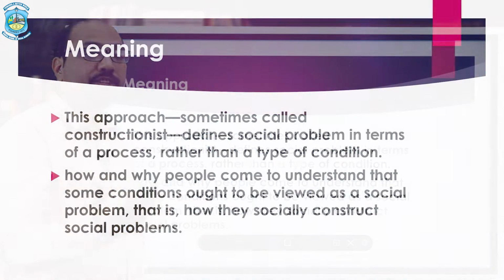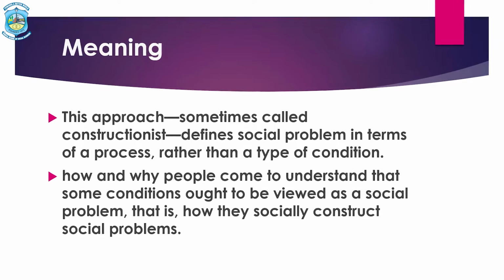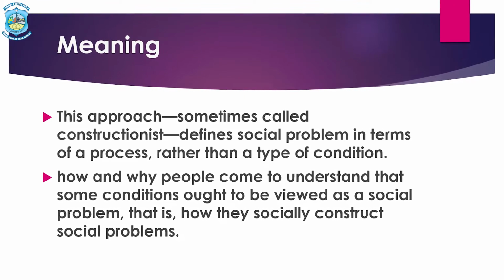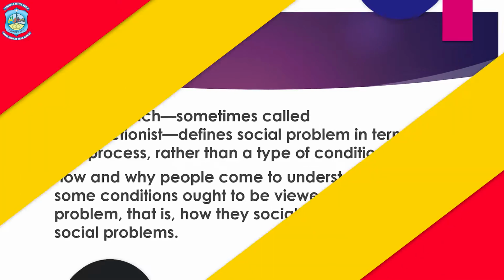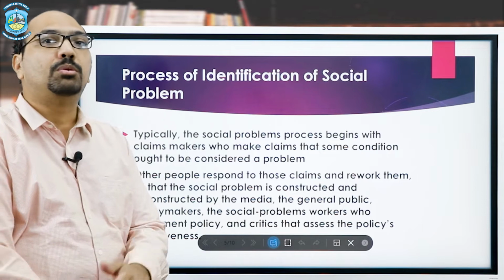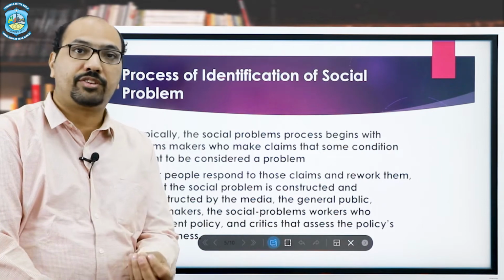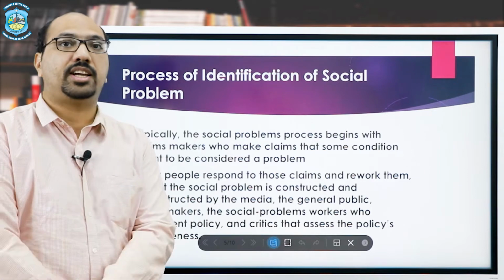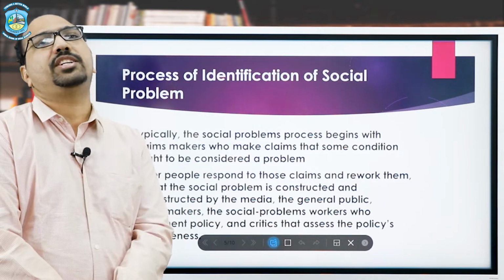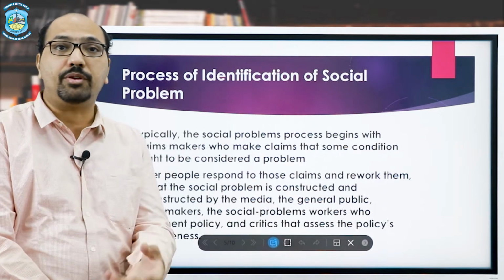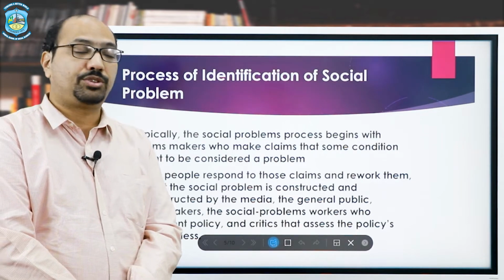If that objective is met, the social constructionist view says that only then can a social situation be termed a social problem. So students, by and large, now you know the definition of social problem, the meaning that this particular term carries, and also some of the important components like objective component, subjective component, and social constructionist view that is associated with social problems.